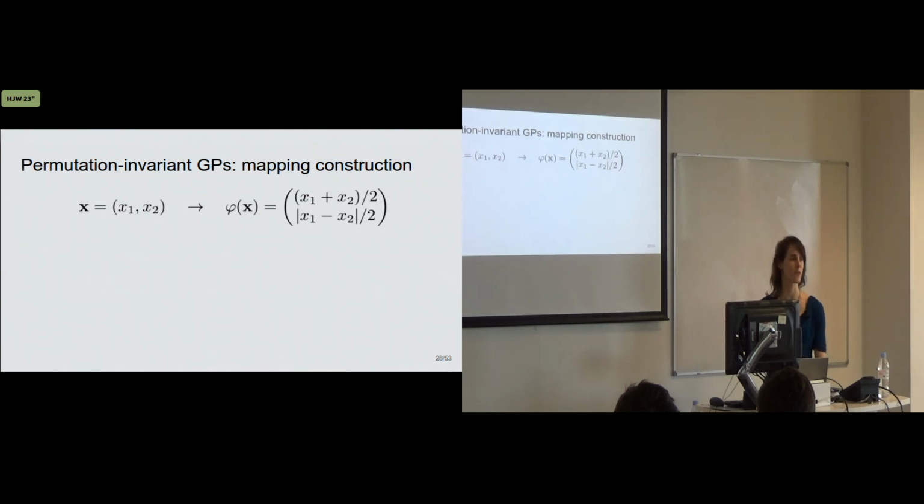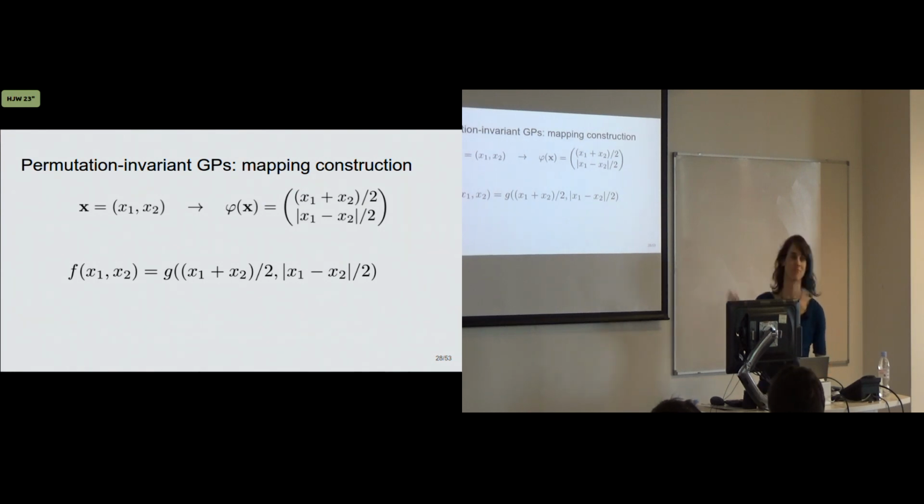So for example, you could take x1 plus x2 and then the norm of x1 minus x2, or you could take the maximum and the minimum, or for more points you could sort them. That's all valid ways of doing this, and there's no unique mapping necessarily. There's lots of mappings you could use to make something invariant.